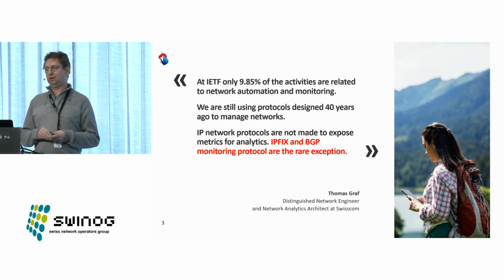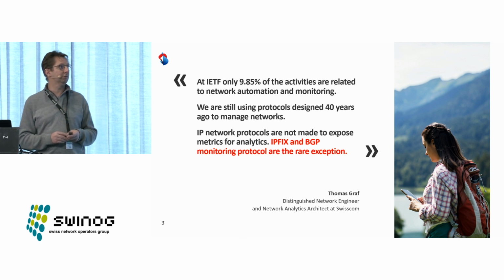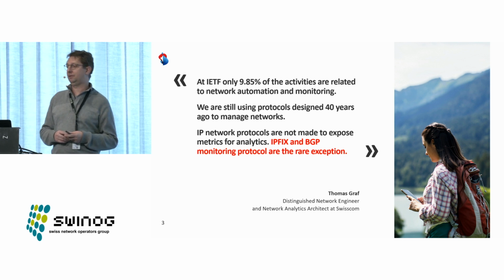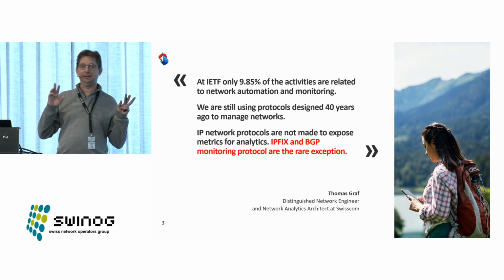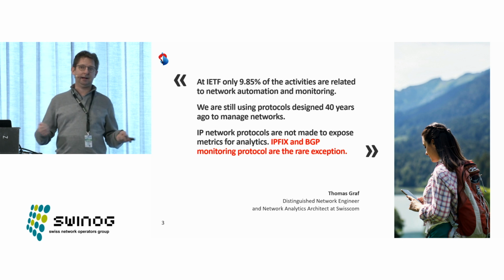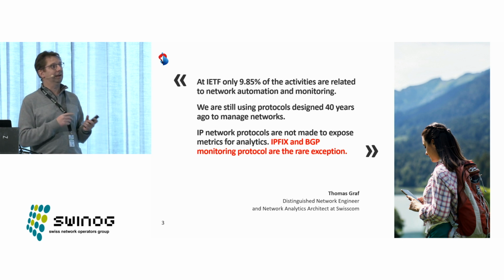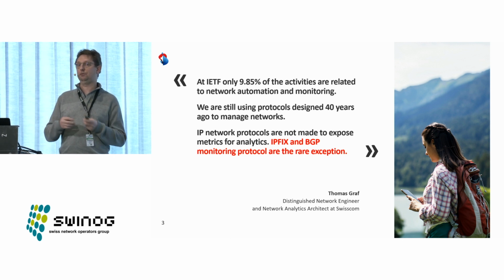If you look at the IETF and search for protocols which have built-in debugging capabilities, you come across very few. Two notable ones are IPFIX, where when you forward traffic through a router, it mirrors the data plane and adds some dimensions, and in the same way the BGP Monitoring Protocol does it for BGP.